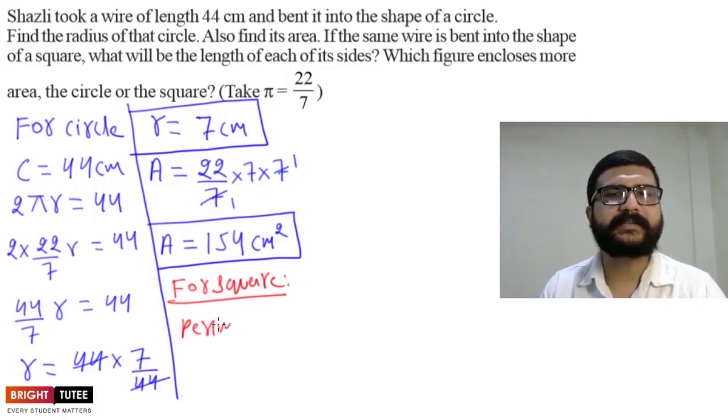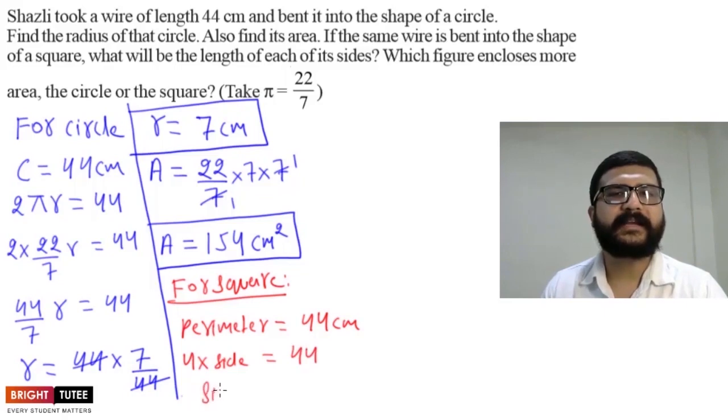So its perimeter is 44 centimeters. Now if perimeter is 44 centimeters, do you remember how to find perimeter of a square? Yes, it is 4 into side. Now 4 into side is equal to 44.